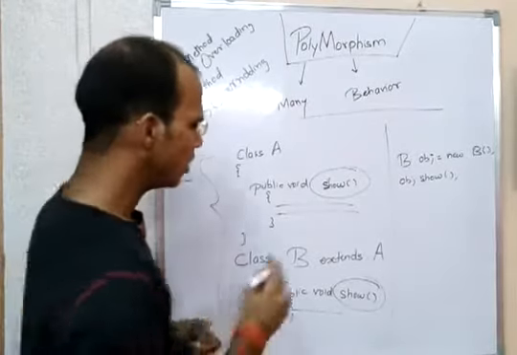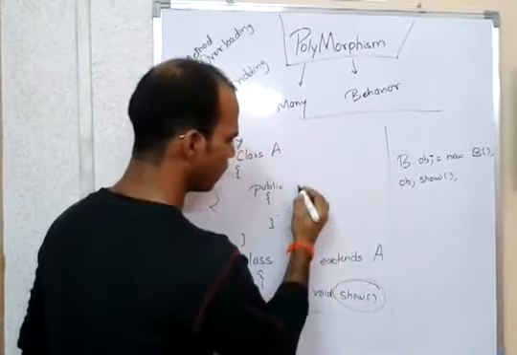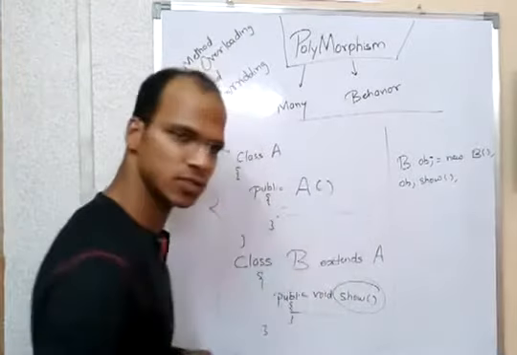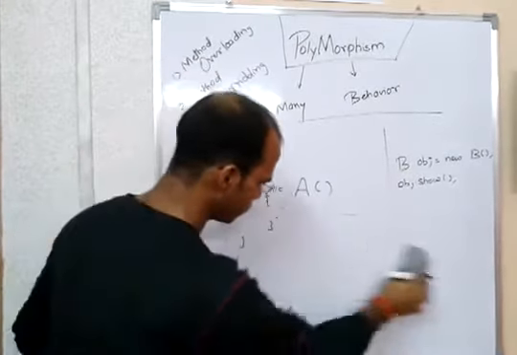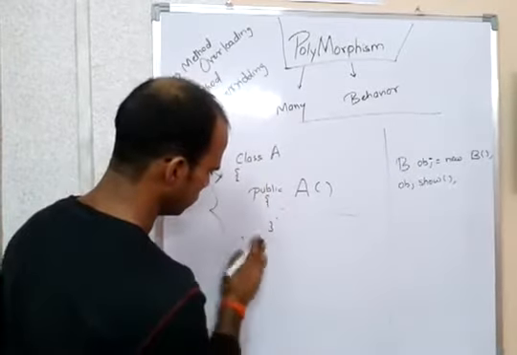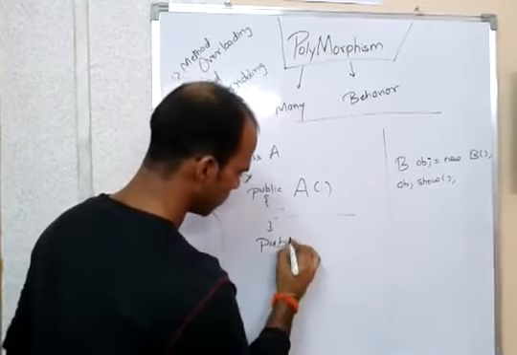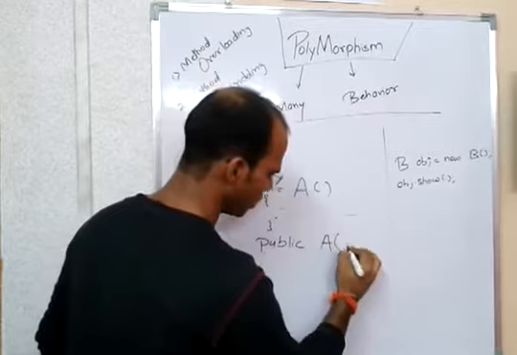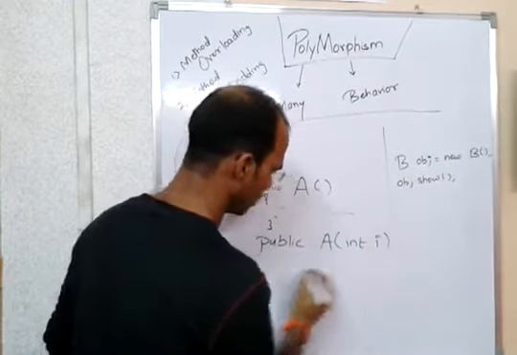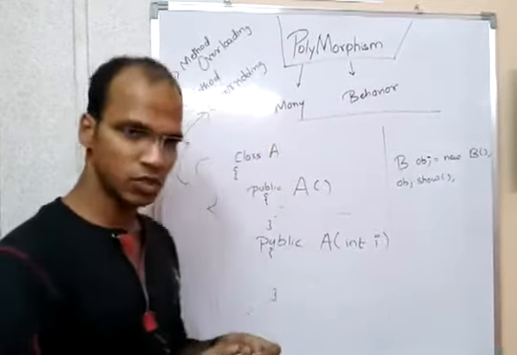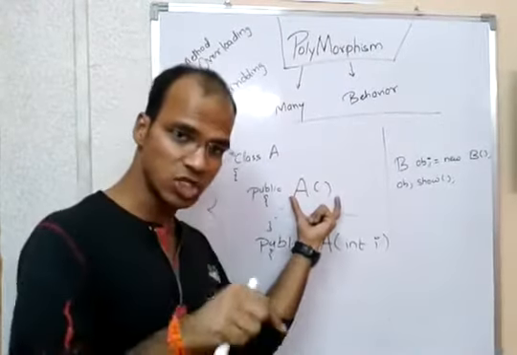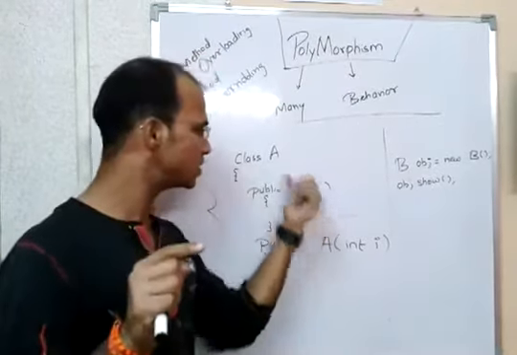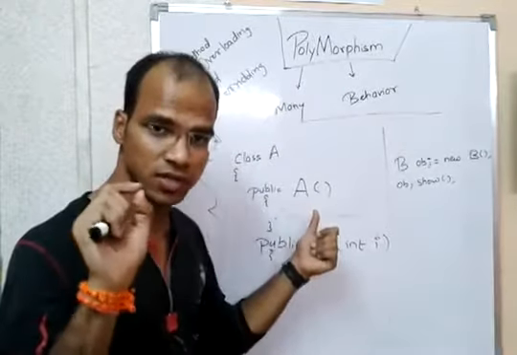Now if I have A here with brackets, and again I have a second constructor, let me have a second constructor with public A int i. As you see, this is A, that means this is a member function having the same name as the class name. It is called a constructor.